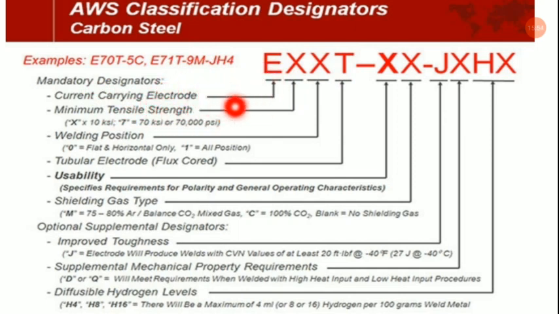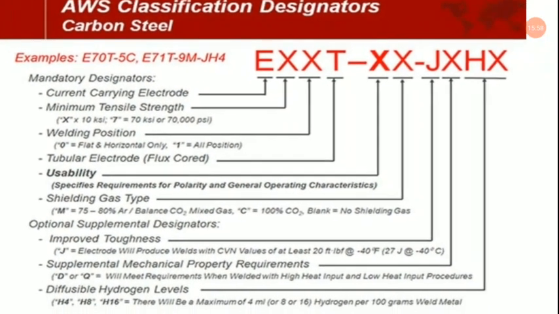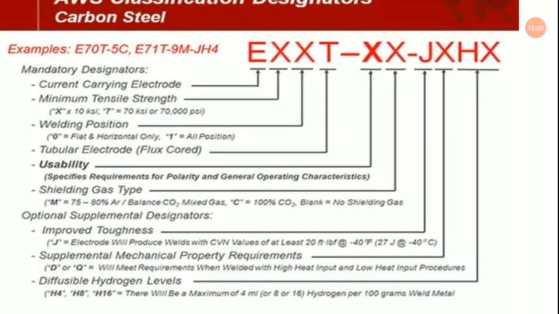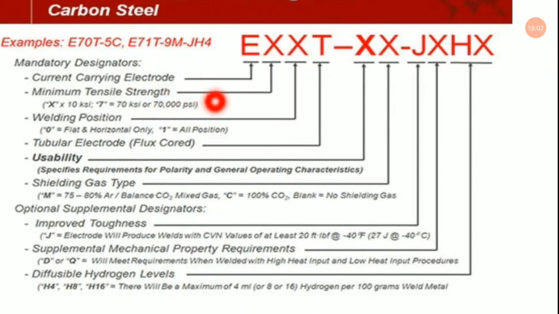Actually the same thing previously we have discussed in TIG as well. So this one is the current carrying electrode, and this one generally we are having this type of 70. So 70 means the minimum tensile strength, that is kilo pounds per square inch, so that will be 70,000 psi for this example.